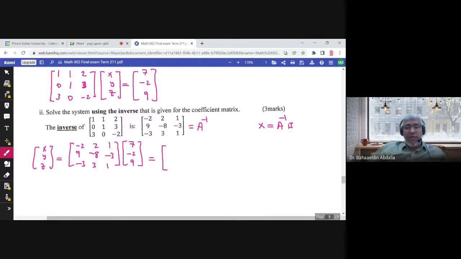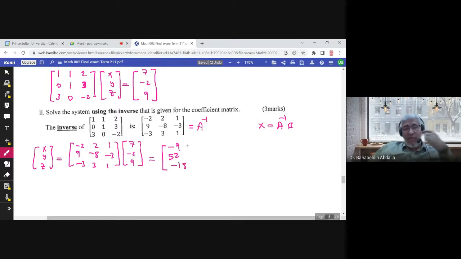So the answer is negative 9. And also 9 times 7, negative 8 times negative 2, negative 3 times 9. Let me check. 9 times 7 plus 16 minus 27, that's 52. And negative 3 times 7 plus negative 2 times 3 plus 1 times 9, this is negative 18.